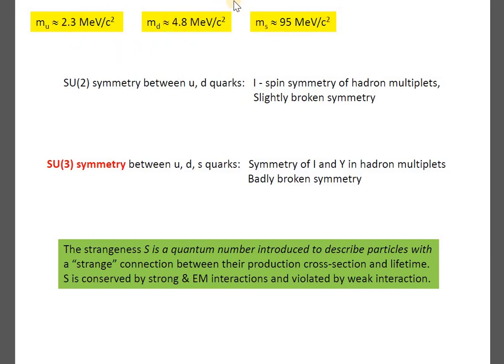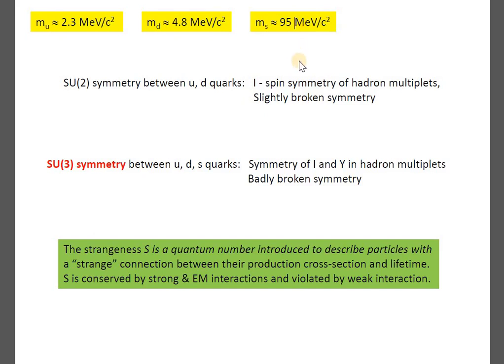You can assume that they are the same mass, and as a result, if we do this assumption, we have a somewhat badly broken symmetry, and this is the SU3 symmetry between the UDS quarks. You note that this is somewhat more badly broken compared to the SU2 symmetry, because the difference between these two is quite different from this 3 case SU3 symmetry scenario, where the S is much heavier, right?